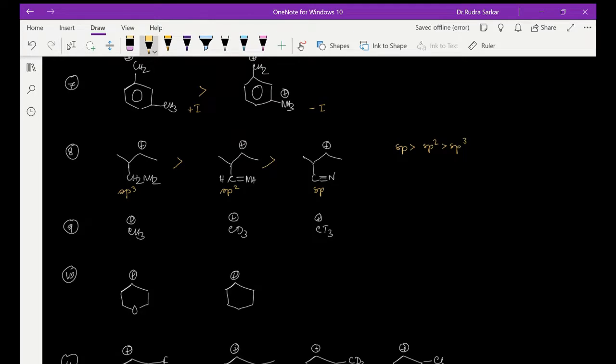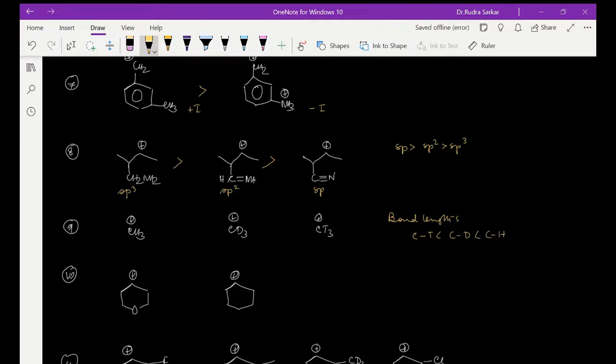Among CH3, CD3 and CT3, if you want to answer this type of problem, we have to consider the bond lengths. In that we will notice that the CT bond is shorter than the CD bond, which is shorter than the CH bond.